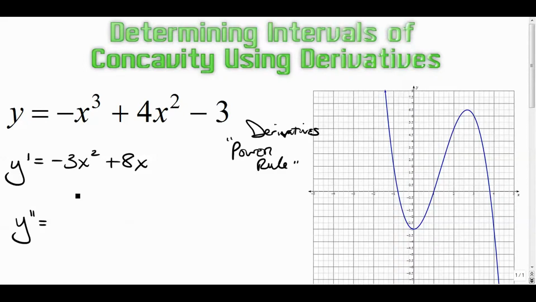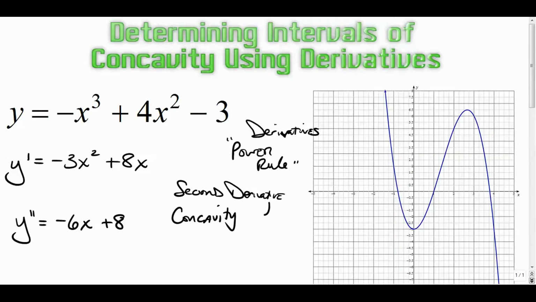What I'm interested in is our second derivative. So take the derivative of the first derivative and we get negative 6x plus 8. That's our second derivative. Second derivative determines concavity.